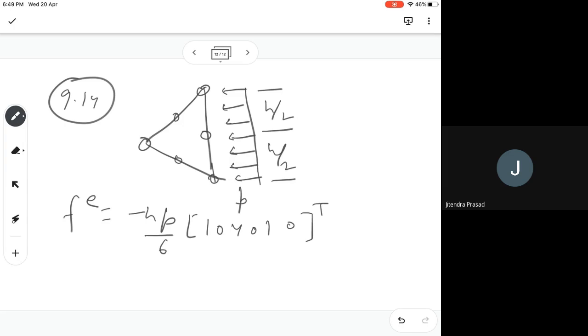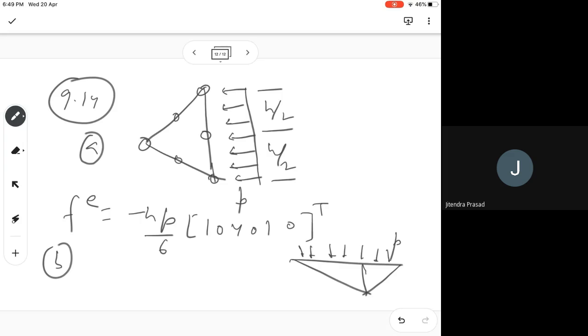You have a different problem, and this is part A, and part B is telling that your problem becomes something like this. You have the pressure given here, then length is L here, and another, this is also L, yeah, and then these are the nodes.